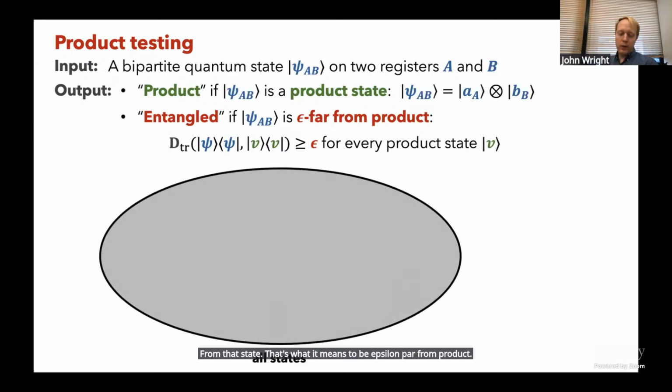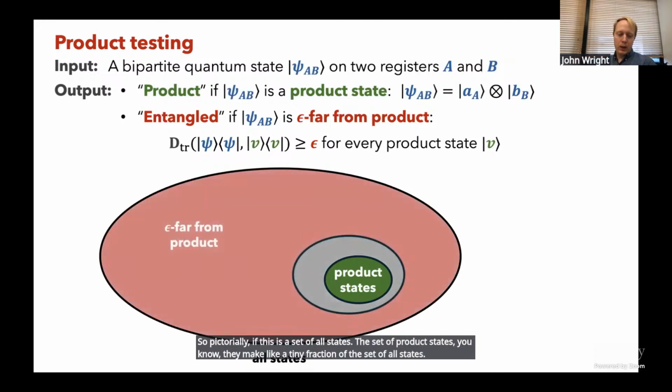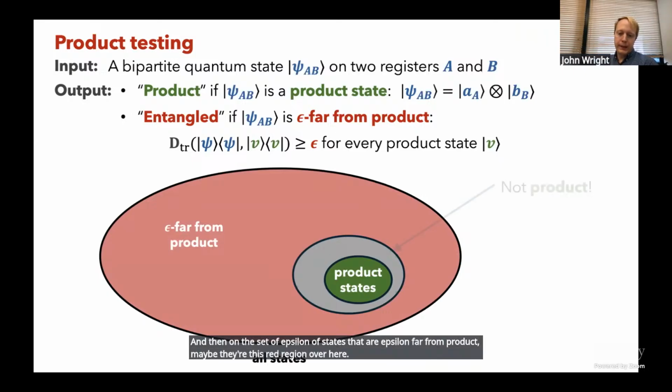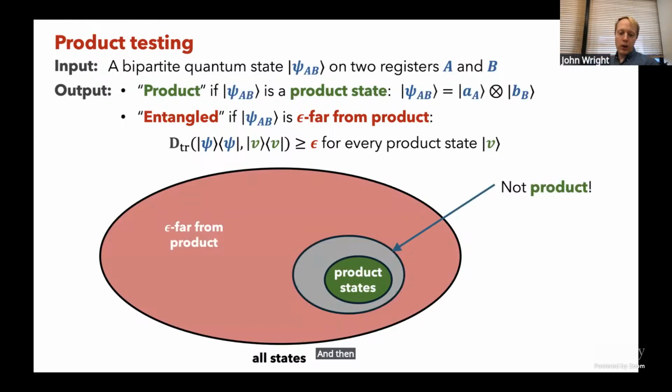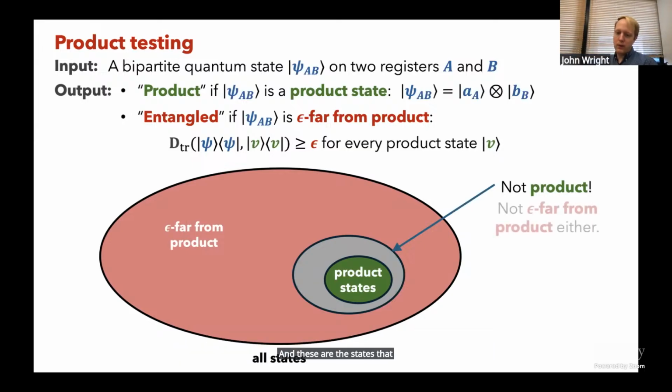Pictorially, if this is the set of all states, the set of product states makes up a tiny fraction of it. The states that are epsilon far from product are maybe this red region over here. And then there's this gray region in between the product states and the epsilon-far states. These are states that are not product, but not epsilon far from product either.